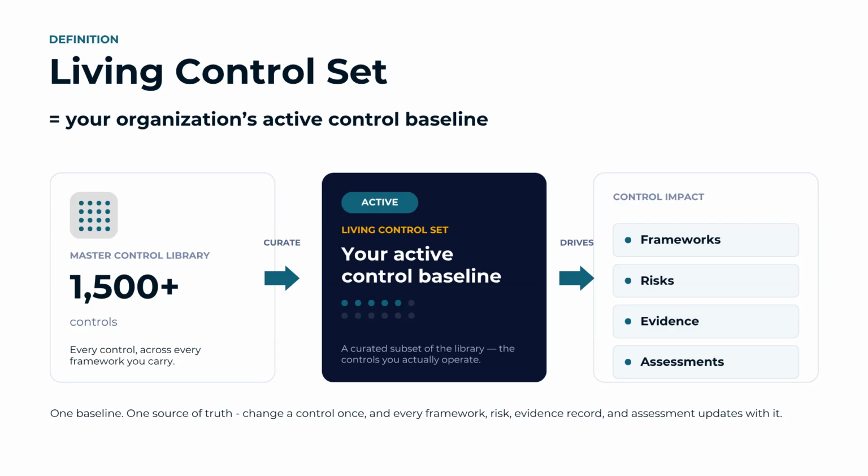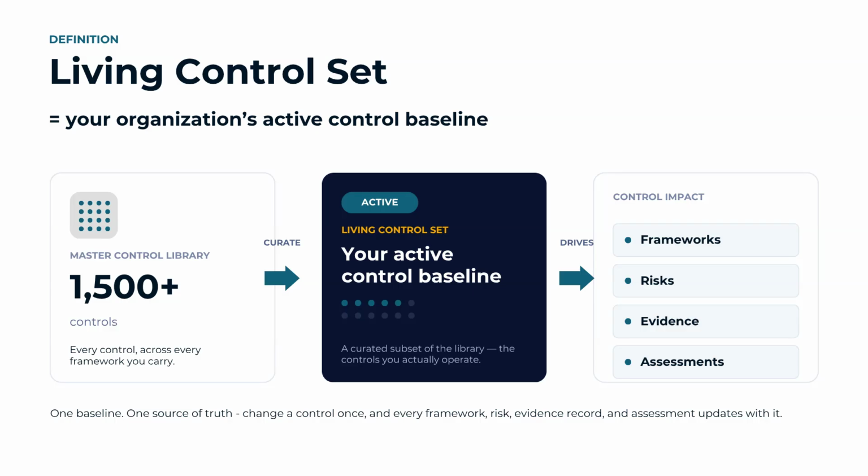What is a living control set? A living control set is basically a subset of what your organization as of today defines as good. Those are the set of controls that are yours to define based on your obligations, based on your requirements, based on all the things that your leadership thinks you should have in order to maintain operations, which is a subset of a master control library that has more than 1,500 controls to choose from, again, based on those obligations.